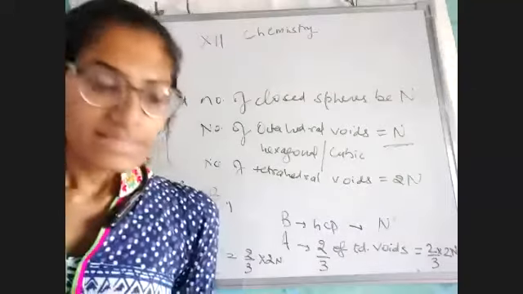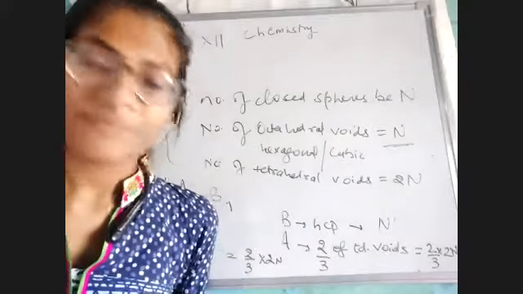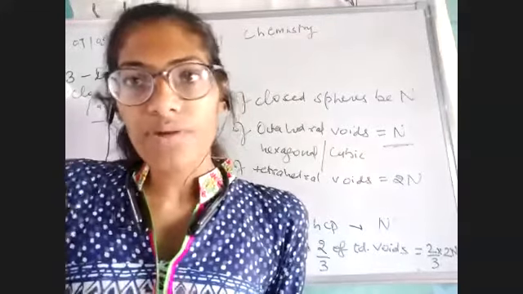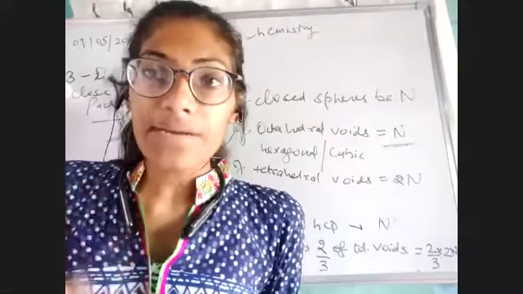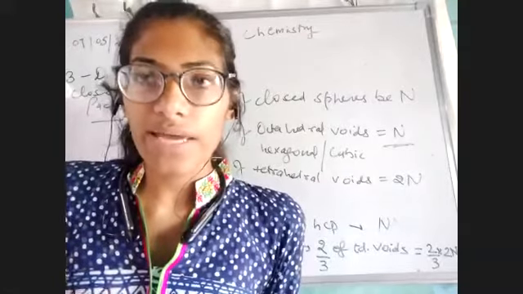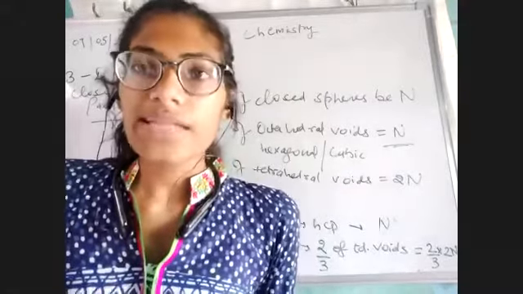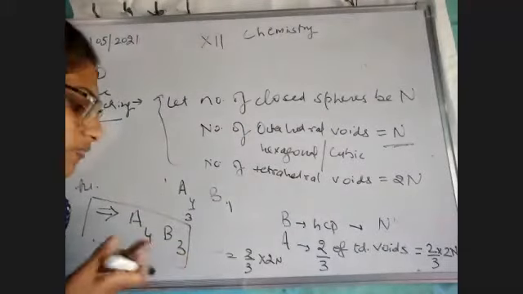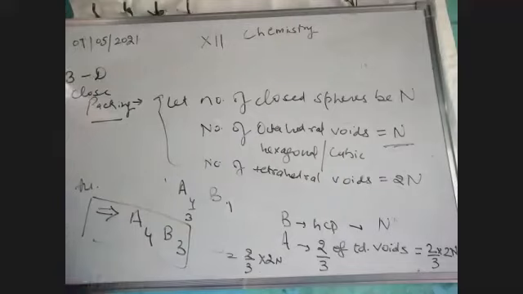Okay class, this is so simple, though it seemed so complex, how we express octahedral and tetrahedral voids. On the basis of calculating the number of octahedral and tetrahedral voids, we can very easily calculate the molecular formula, like we have done in this question and the previous one.